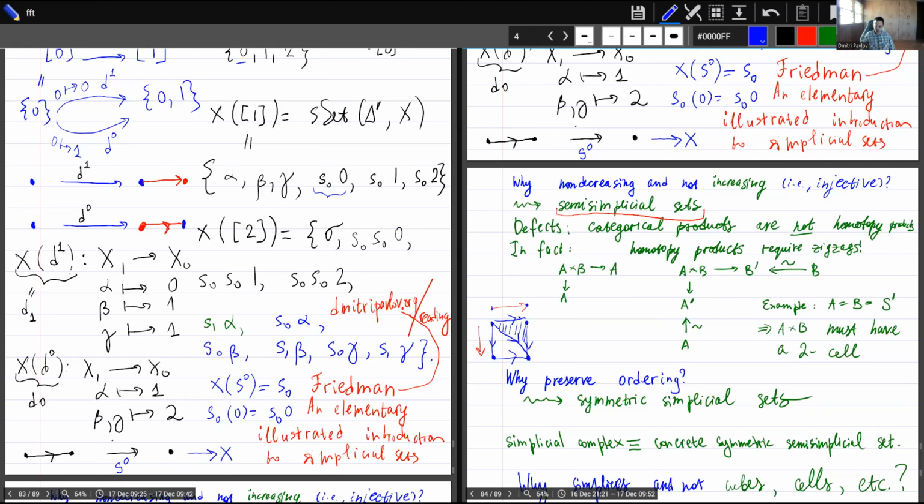So the projection will map a triangle onto one simplex in a degenerate fashion. So you can see how crucial are degeneracy maps that are not injective in encoding products.